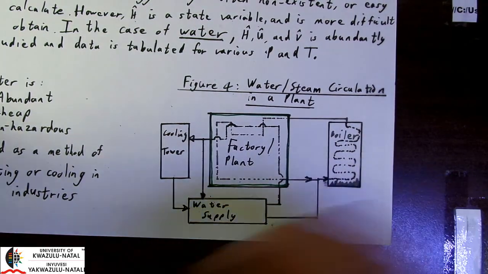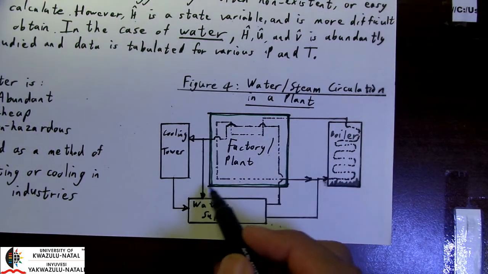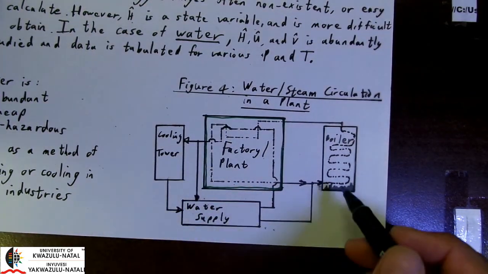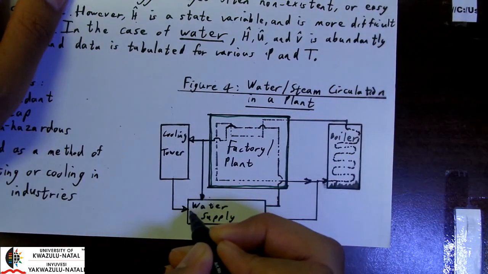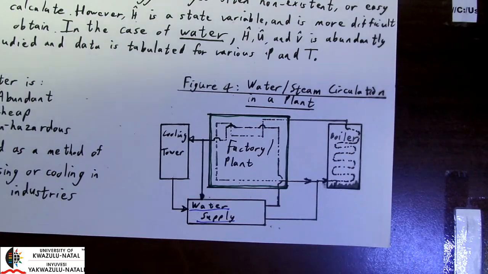And we typically have a water supply, and this water supply ultimately supplies cooling water as well as steam. So that's our water supply. Let's look at our steam cycle.